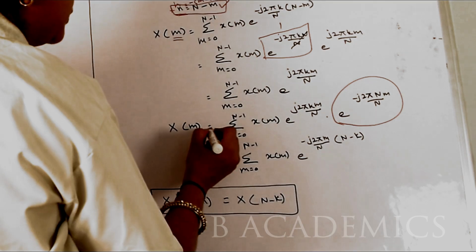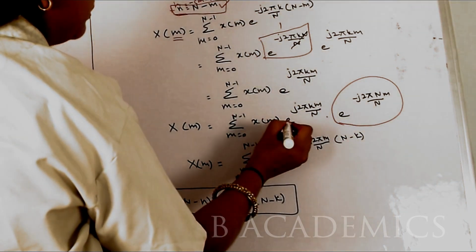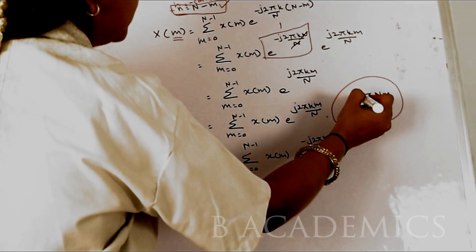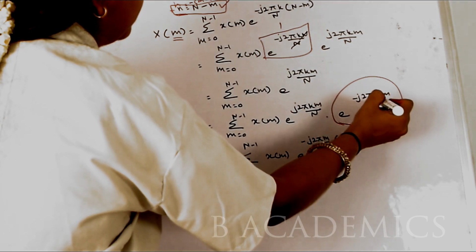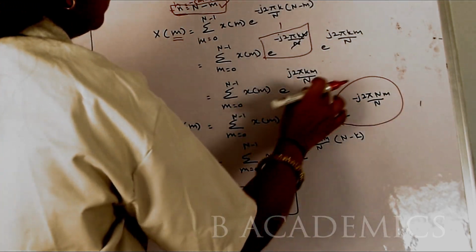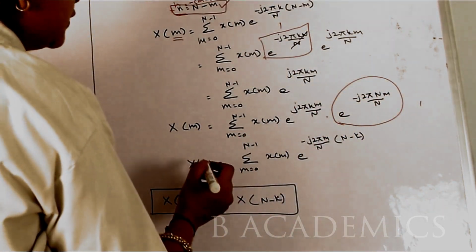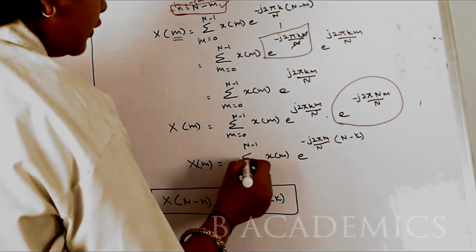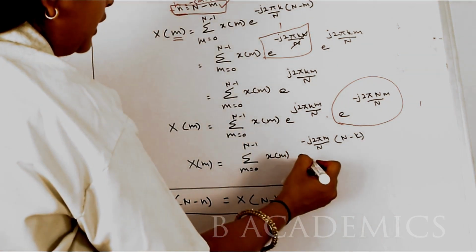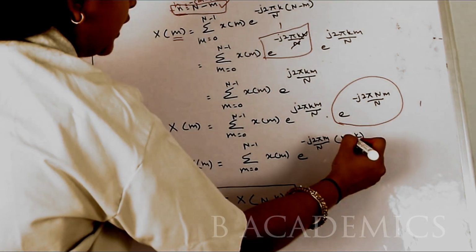So x of m is equal to summation m equal to 0 to N minus 1 x of m e power j 2 pi k m divided by N e power minus j 2 pi n m divided by N. The value of this is 1, so the value of this expression will not change after adding this term. So it can be written as summation m equal to 0 to N minus 1 x of m e power minus j 2 pi m divided by N into N minus k.